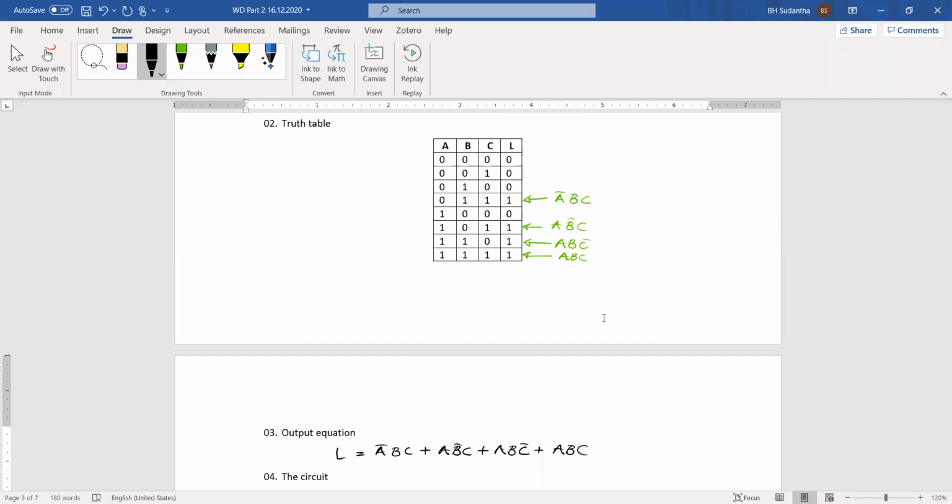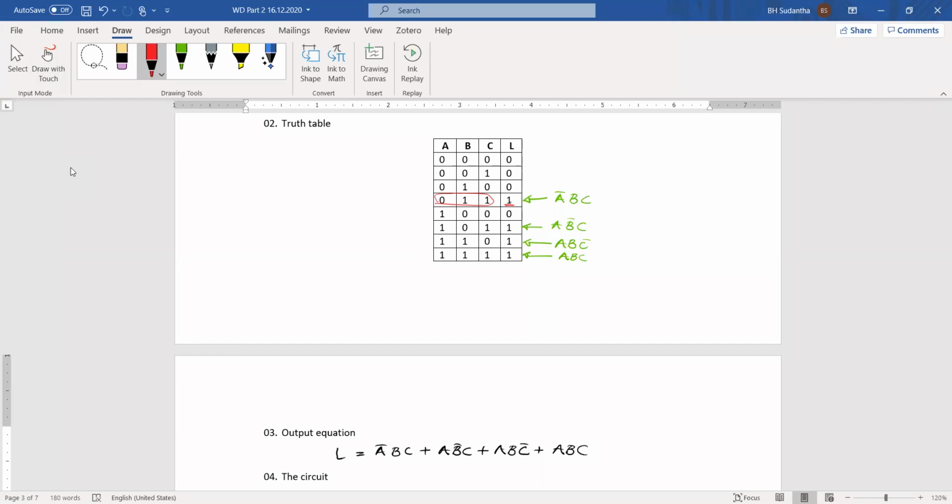So when we convert this table into an equation, now we have to consider the output column once. When you consider this one, all three variables should be considered. Okay, and when you take this one, now you have to think about all three combinations. This is A bar B C, but if you write only B C, that is wrong.